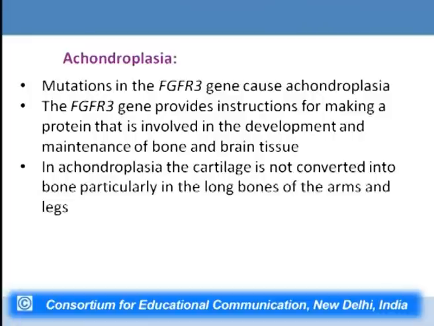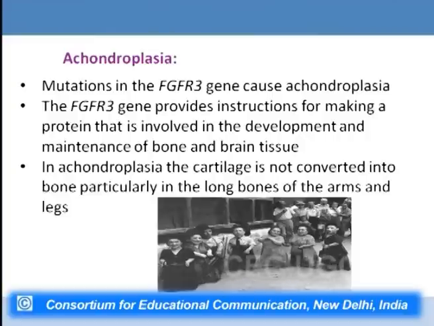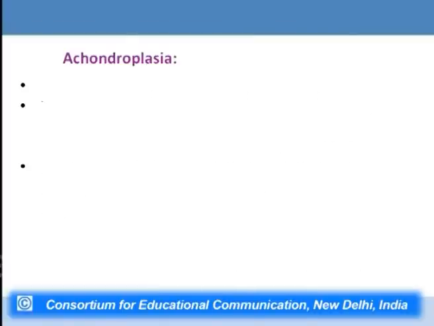If the bones of the legs and arms are not formed properly, then the individual will be of very short stature and would be a dwarf. As can be seen in this panel, all the people shown in this picture suffer from this disease or syndrome known as Achondroplasia, which results from a single gene FGFR3 mutation.